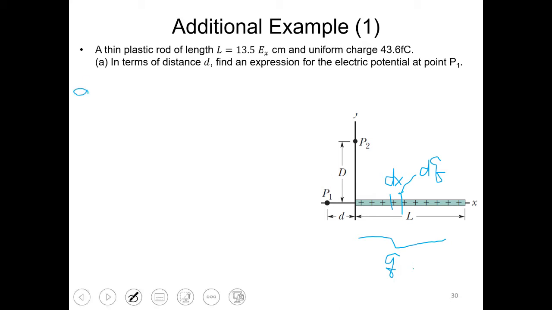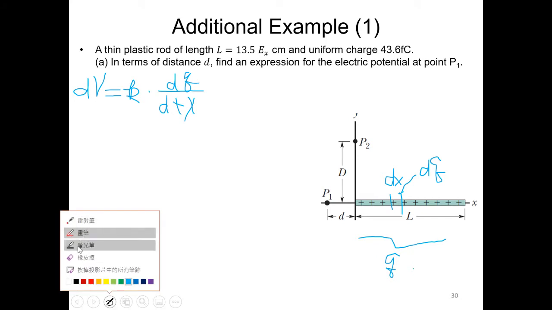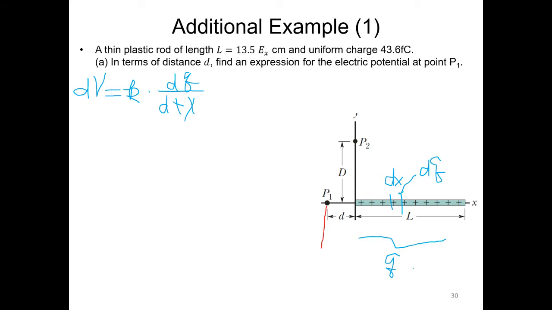So dV is nothing but k times dq over d plus x, because we need to consider the distance between this point and this small segment.